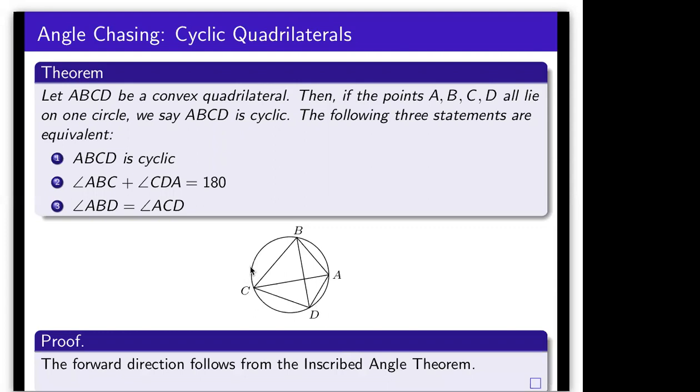Since both of these arcs compose the whole circle, when you add these two angles, you just get 1/2 times the number of degrees in a circle, so 360 over 2, or 180. So both 2 and 3 are basically saying the same thing.